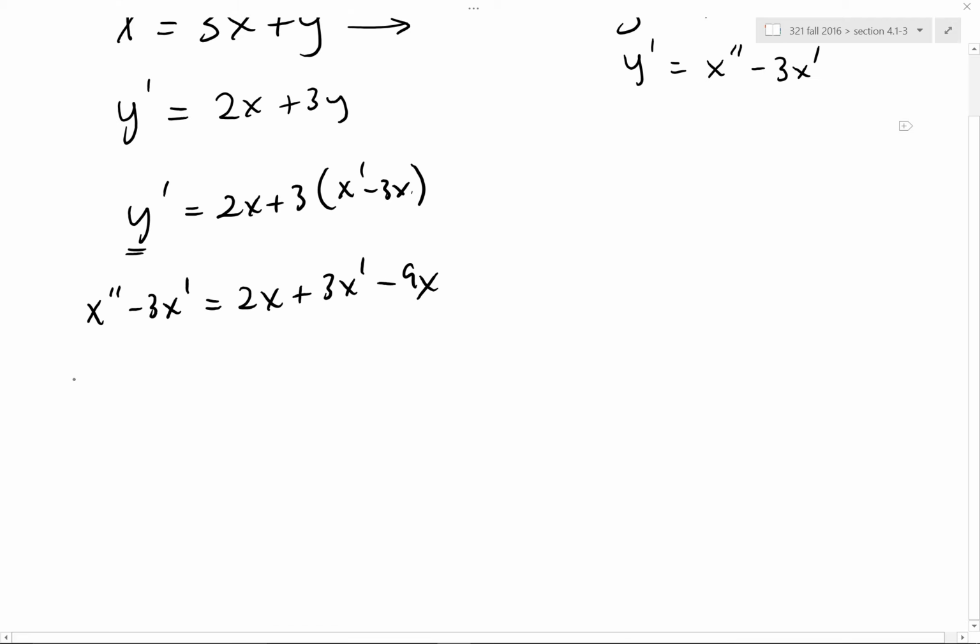Okay? And so I'm going to bring everything to this side. If I bring the x prime, I'm going to get minus 6x prime. This is minus 7 here, so if I bring it over, it's going to be plus 7x equals 0. Oh, well, the quadratic formula always works, as you well know.